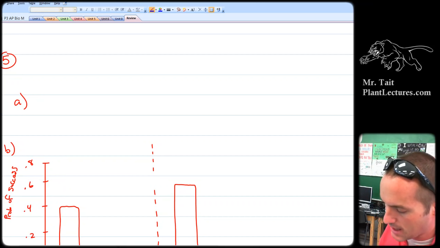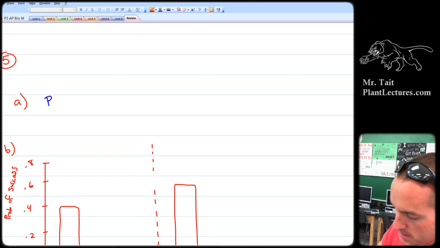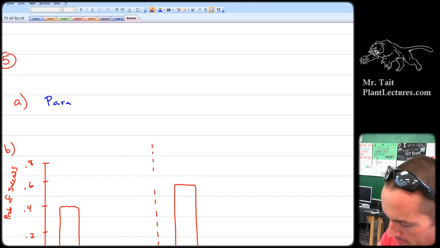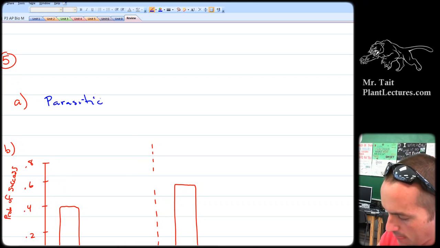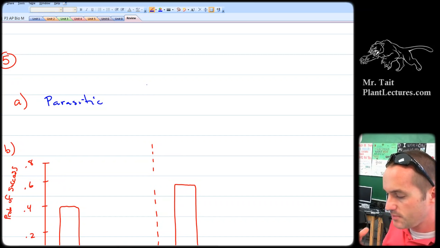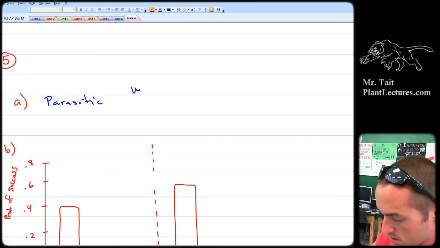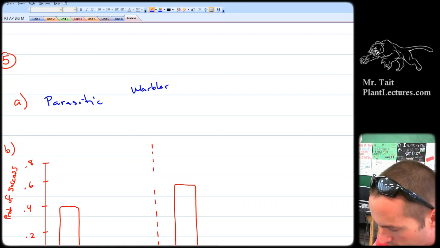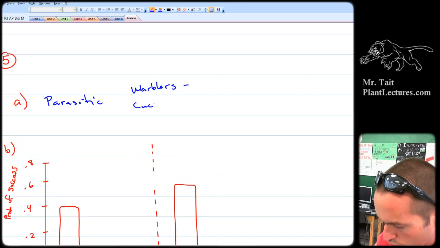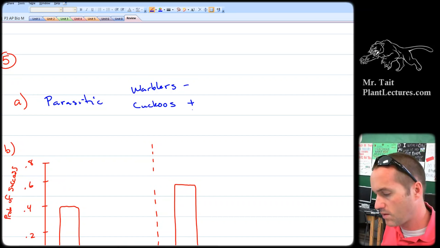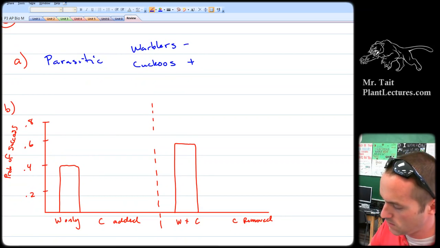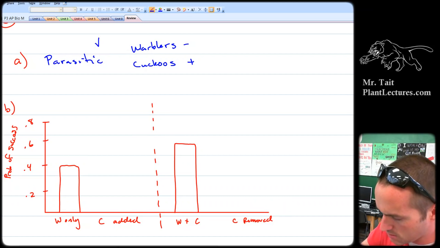And that means that the relationship is parasitic, because the warblers were harmed and the cuckoos were helped. Okay, so that was 1 point for that.